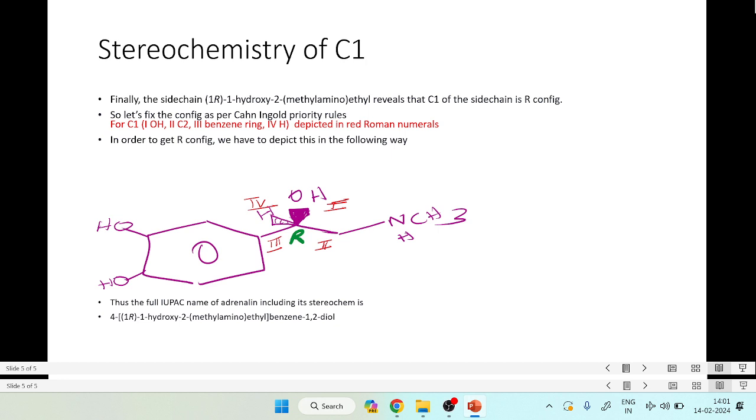In this case, adrenaline has a benzene-1,2-diol or catechol nucleus with an ethyl side chain on carbon 4, and the C1 of the side chain has a hydroxyl group, the C2 has a methylamino group, and moreover the C1 being chiral, it has R configuration according to Cahn-Ingold-Prelog rules.